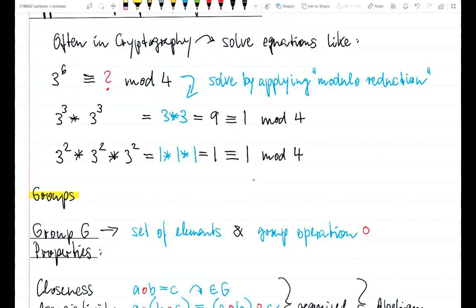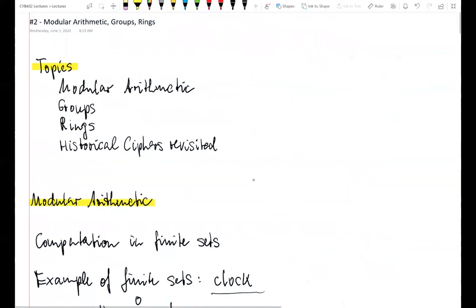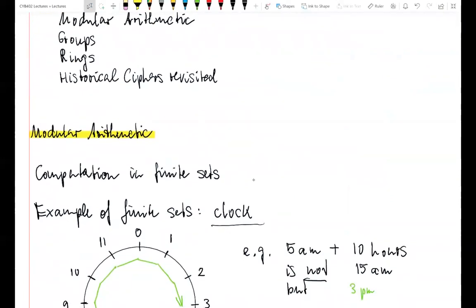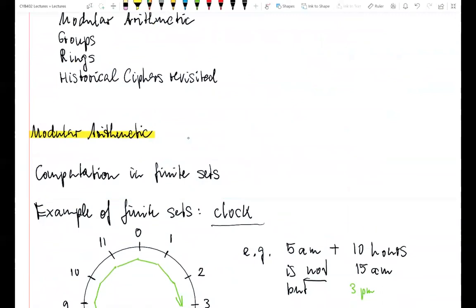And the reason why we are talking about groups here and then about integer rings is that, remember what I said in the beginning, in cryptography, we are doing computations in finite sets. So in order to complete the picture, we need to talk about the question, for our purposes here in cryptography, what are finite sets?